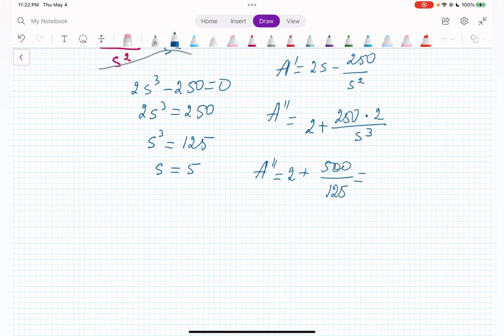So I'm multiplying 500 by 4, getting 2000 divided by 125, equal 4. And 4 plus 2 is 6. It's positive, greater than 0. So that means concave up.